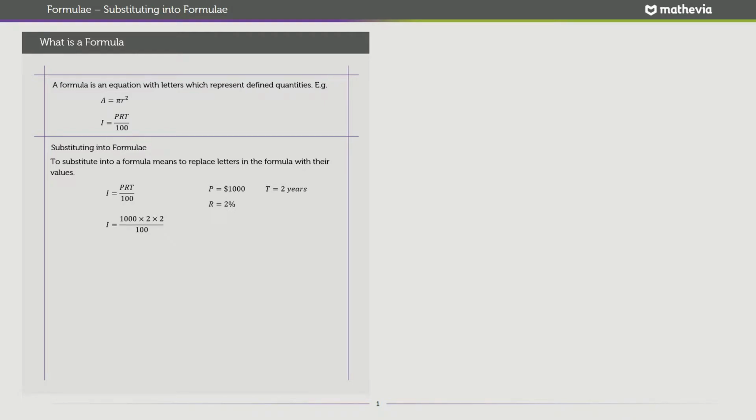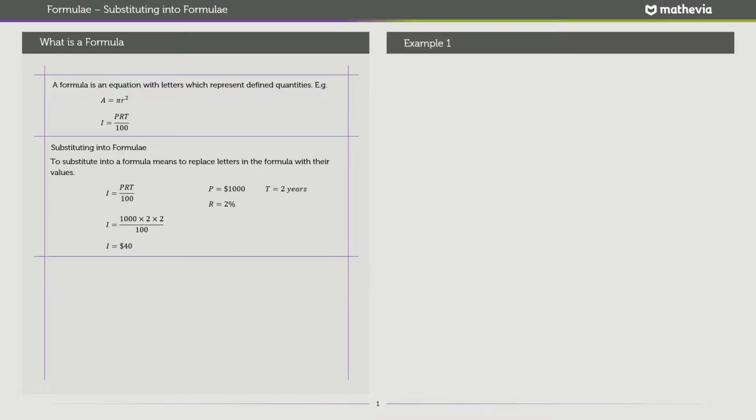To find the interest, for P you put 1,000, for R you put 2, and for T you put 2, and you say 1,000 times 2 times 2 divided by 100, and you should end up with your interest as $40. Simple, straightforward.